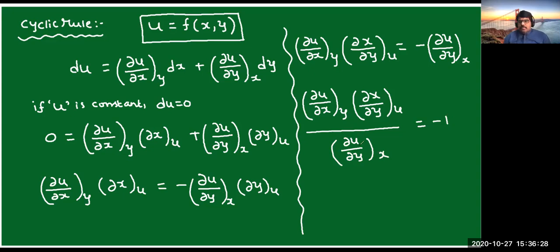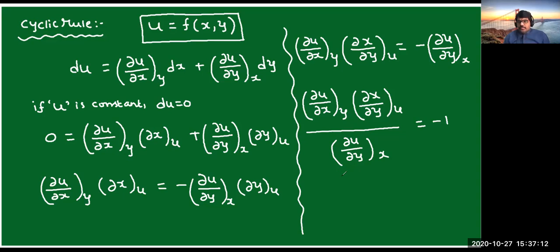Now the very important condition I'm going to apply. In the previous video we discussed a relation between partial derivatives. If you carefully observe, this term, del u by del y at constant x, is in the denominator. According to the relation between partial derivatives, if you can recollect, a partial derivative is equal to the reciprocal of the partial derivative of those two terms taken in reverse sequence under constant conditions.